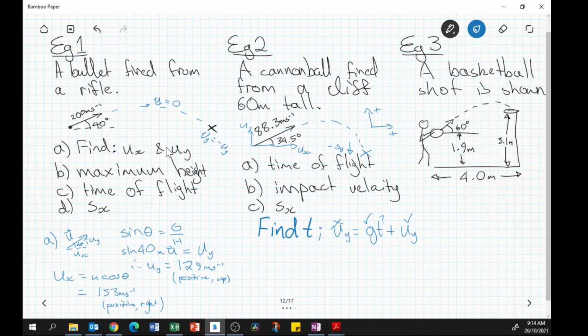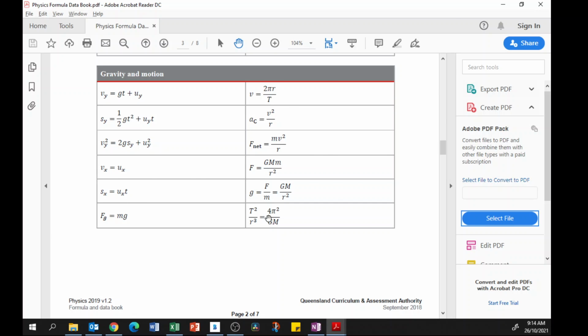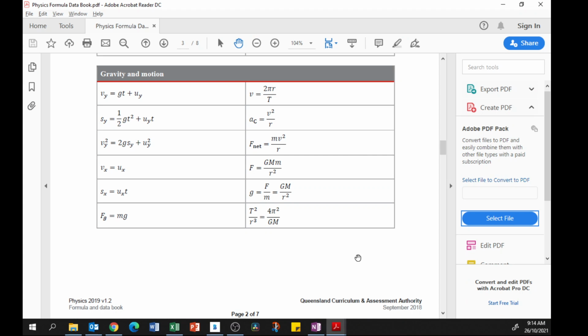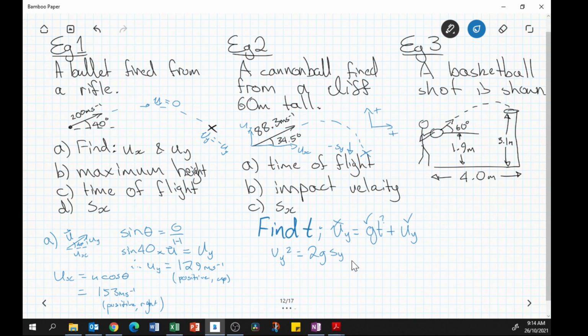Okay? We're first going to need Uy because this formula will use Uy as well, so let's do that. So Vy squared is the formula we're going to use, which equals 2gsy plus Uy squared.